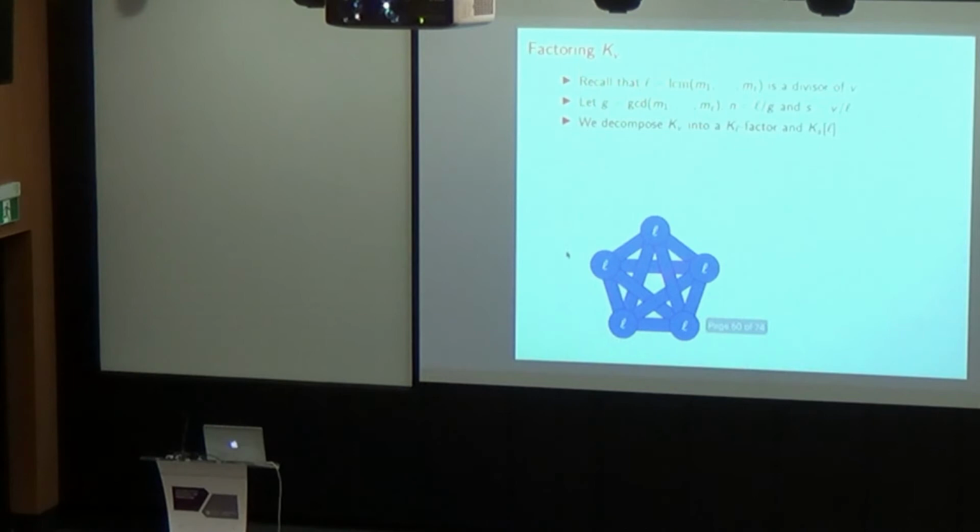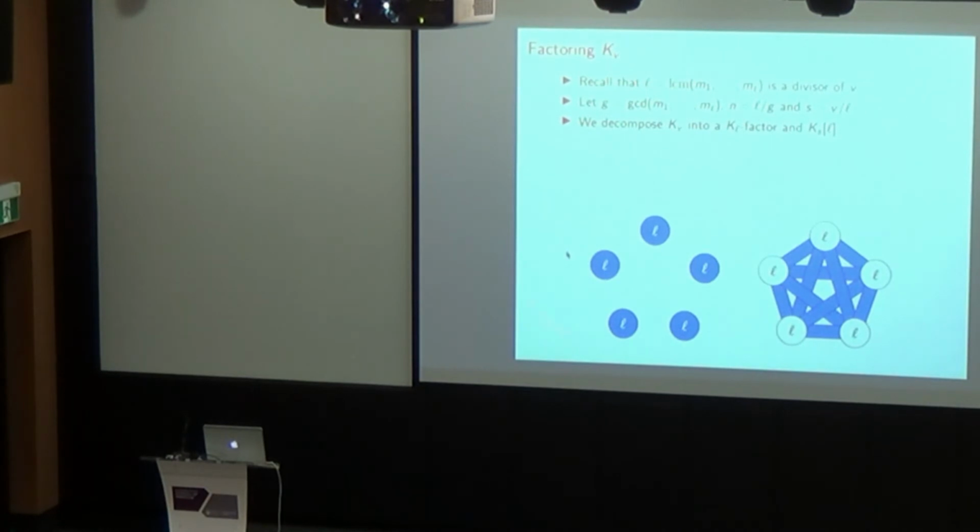I begin by taking KV, and I decompose it into disjoint copies of KL. So we've got S copies of KL, and then a KS blown up by L. So some disjoint complete graphs and a complete multipartite graph.